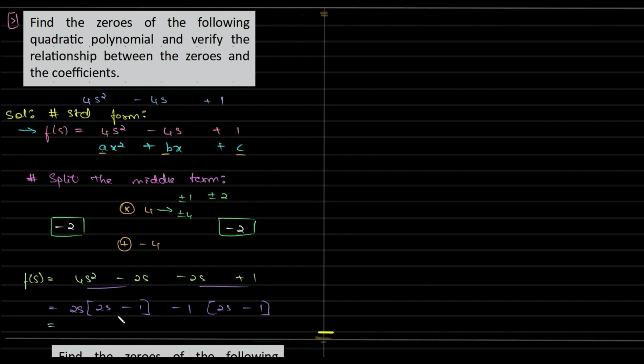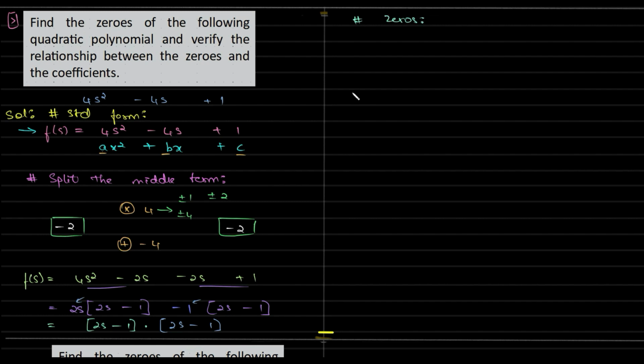And again, between these two terms, I have 2s common, 2s minus 1 into, you're left with 2s minus 1, is it not? Now the next step is finding the zeros.